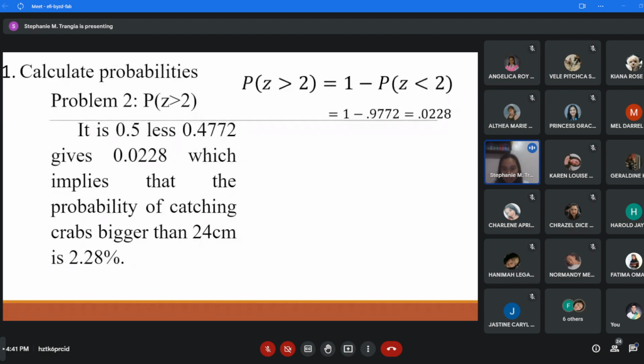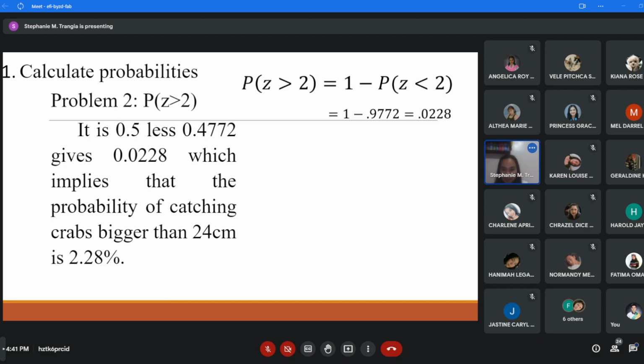Karon, nakoy value sa z lesser than 2, which is 0.9772. Kung saan na po pagpangita ang value sa z greater than 2, i-transfer na po ang value sa lesser than para makita na po ang greater than.